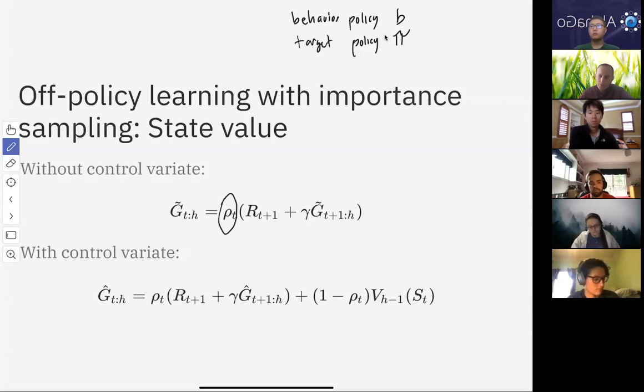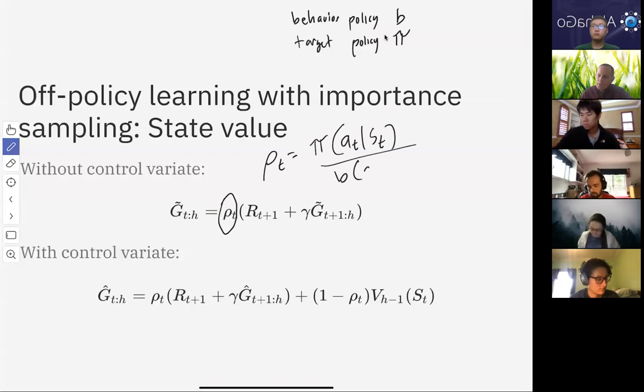So we have our rho sub t, where rho sub t equals pi of action t given state t divided by b of action t given state t. This is just review, but it has been about 2.5 weeks, so it's worth reviewing.